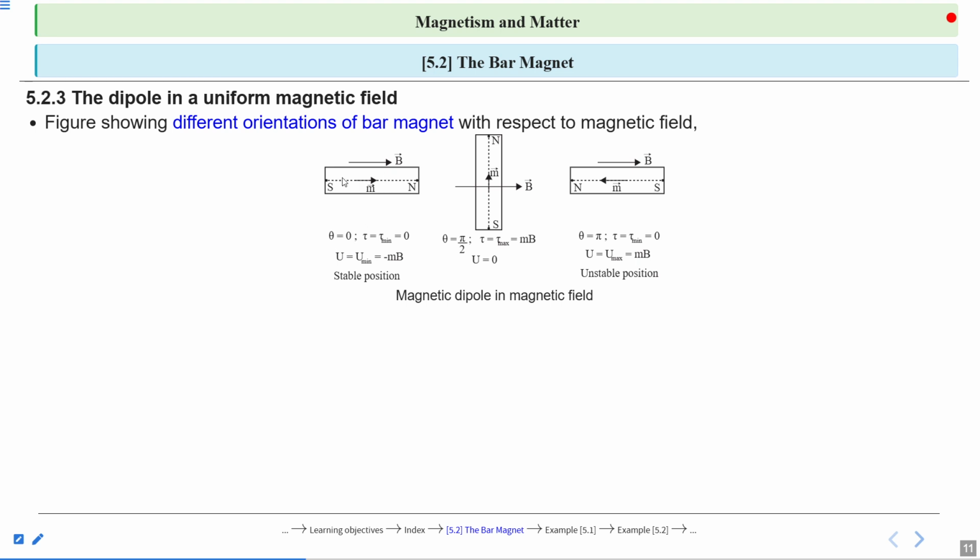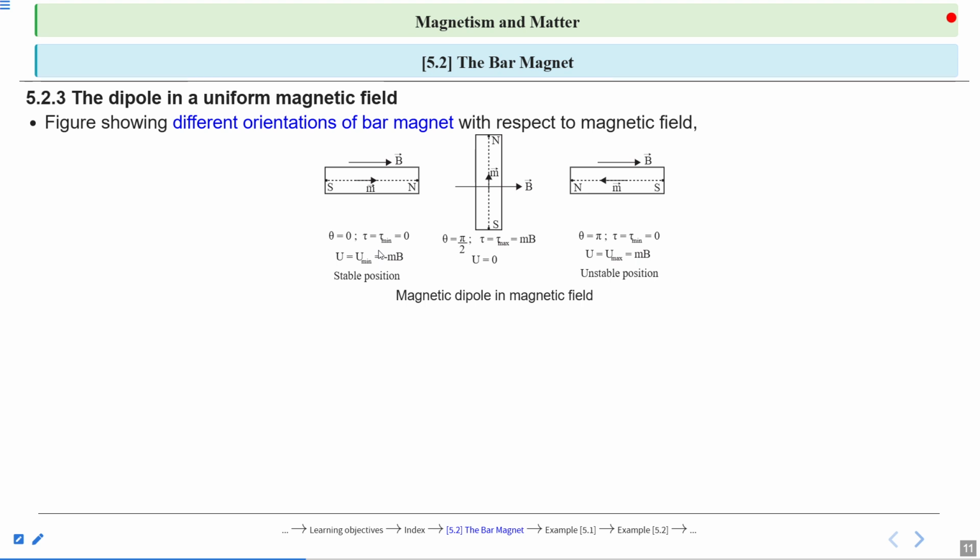When the magnetic bar is placed such that the magnetic moment is in the direction of the magnetic field, that is, from south to north, the magnetic moment is parallel to the magnetic field. Then theta will be 0 because it is parallel. When theta is 0, tau will be mB sin theta, sin 0 is 0, so torque will be 0 also, and it is the condition of minimum torque.